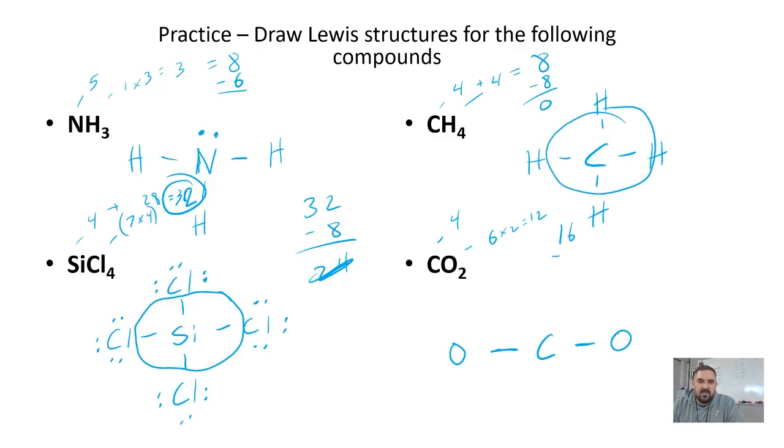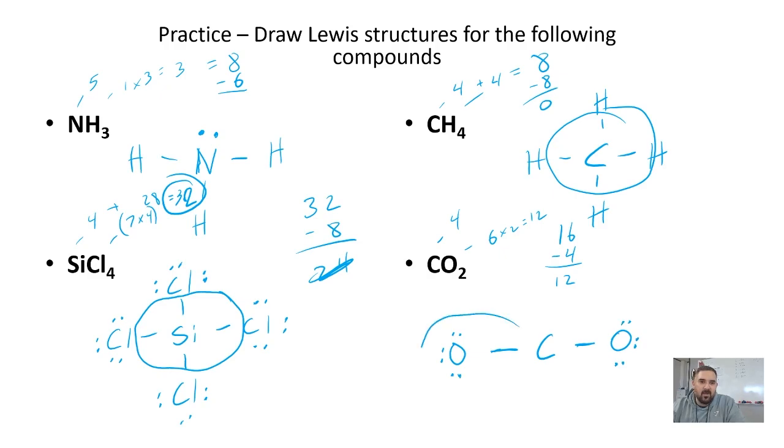So 16 minus 4, because that's how many electrons we used so far, that leaves us with 12. Then we place our electrons on the outermost atoms first. So 2, 4, 6, 8, 10, 12.